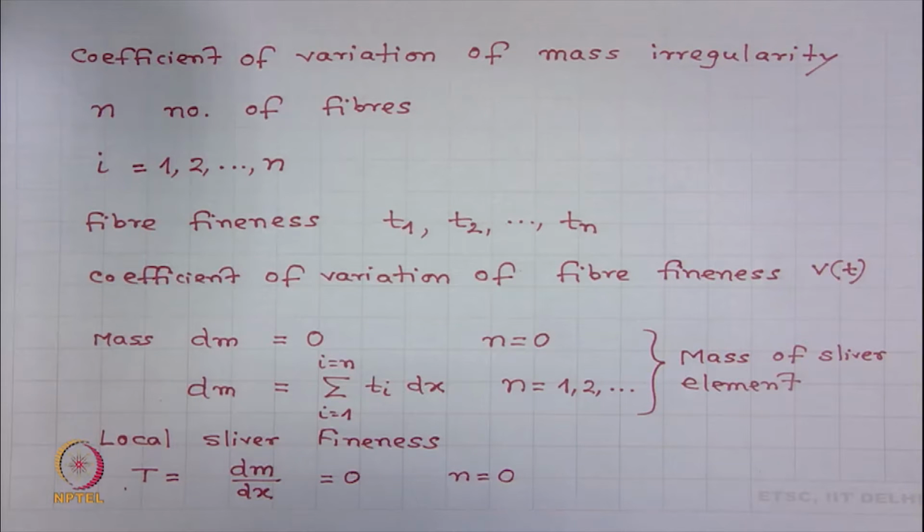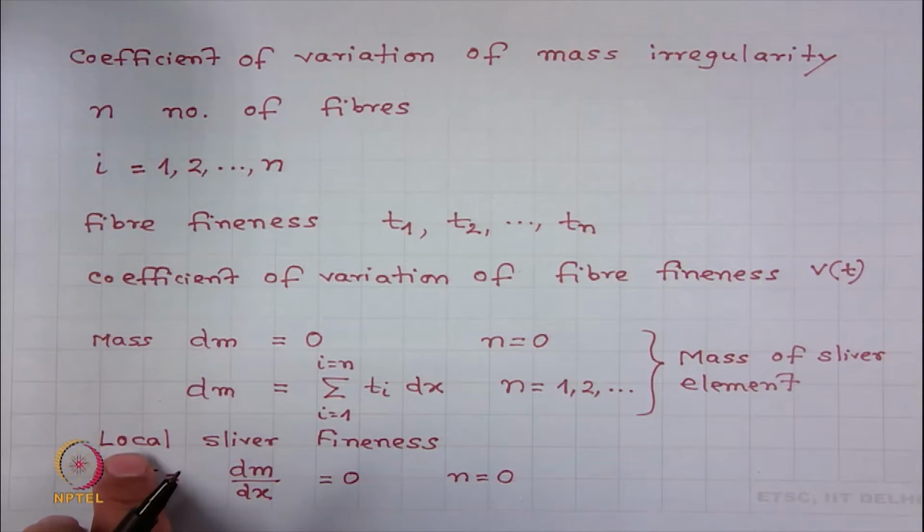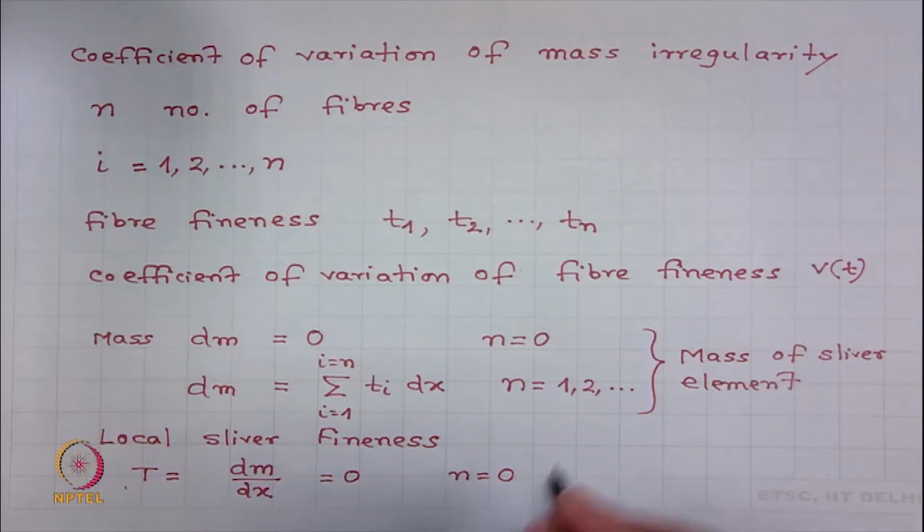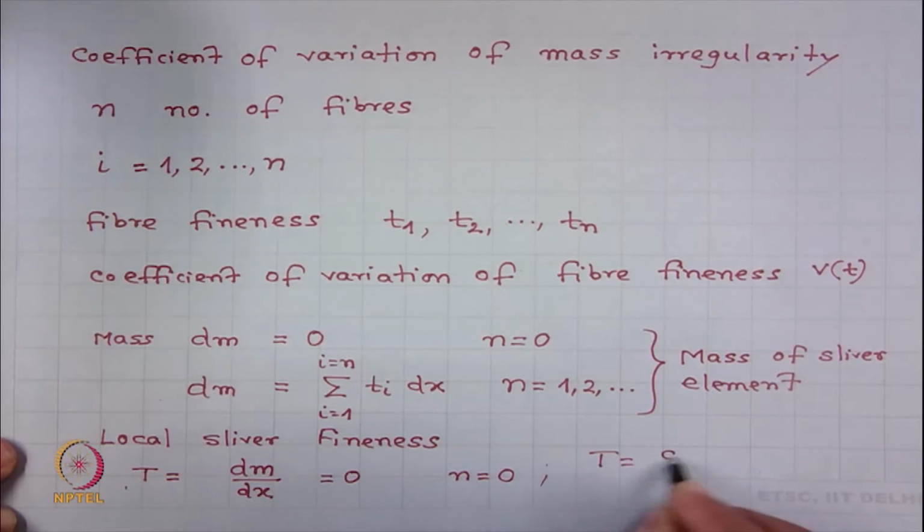That is why we use the word local. If we choose a very small element of a sliver, there can be no fiber. So, in that very small element, fineness can be 0. That is why we use the word local sliver fineness. Otherwise, T is equal to dm by dx.